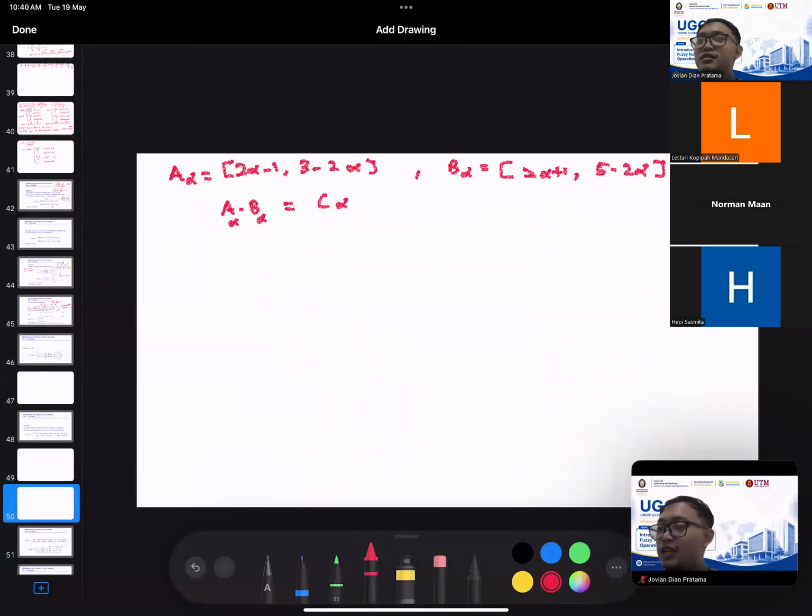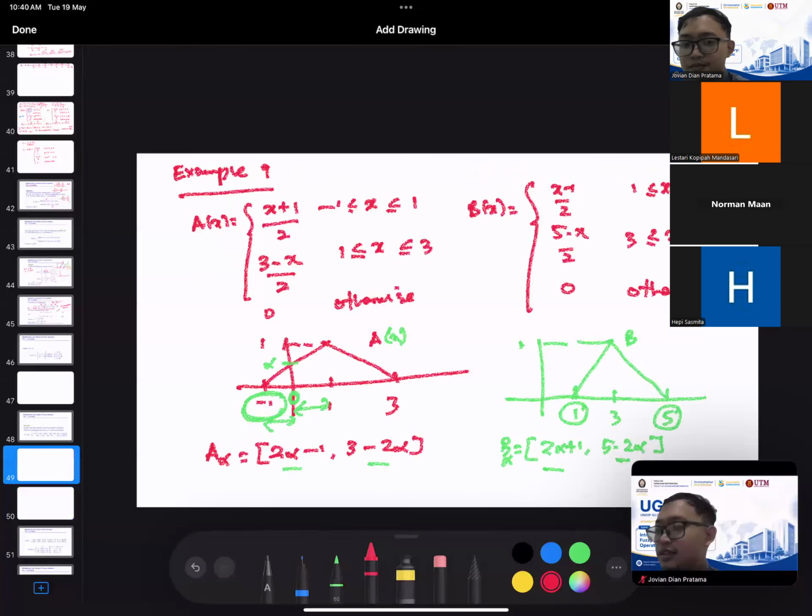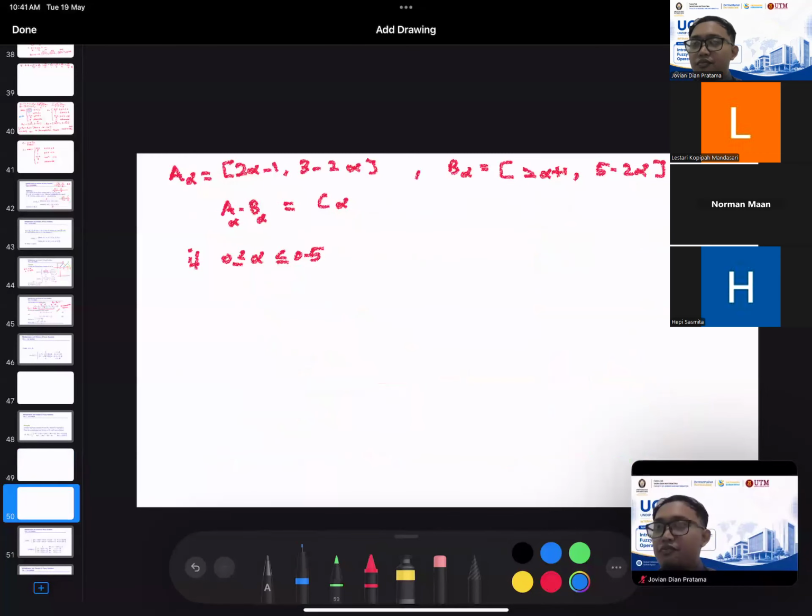So you can say that if alpha is between 0 and 0.5, because when we substitute x equal to 0 inside A(x), you will get half, so A(0) equals half.